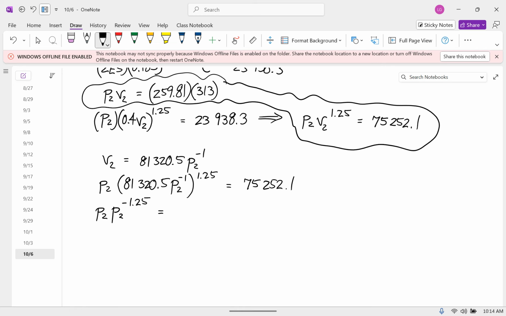So this comes out to be 0.055. And that says P2 to the negative 0.25 power is equal to 0.055.